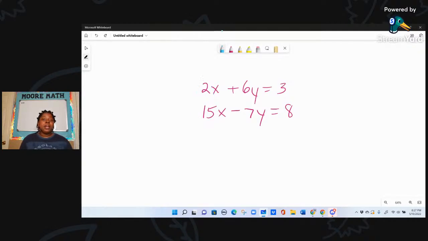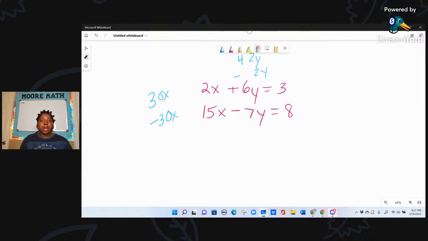So I'm going to make one 30x and the other negative 30x. It's kind of like finding common denominators, okay? Or you can change this 6 and 7 into 42, so 42y and negative 42y.